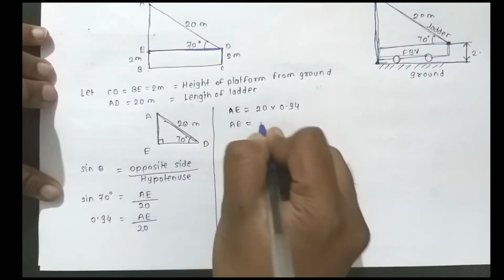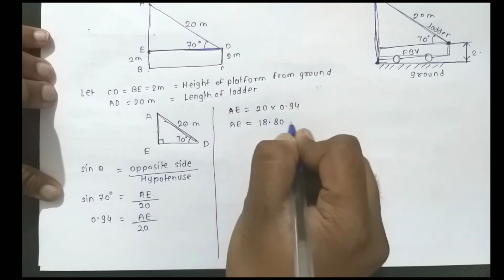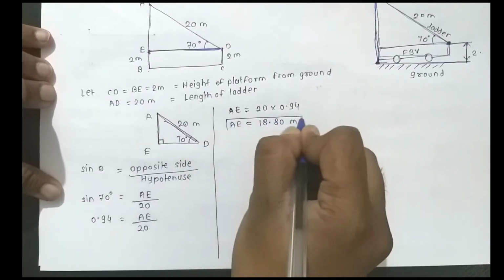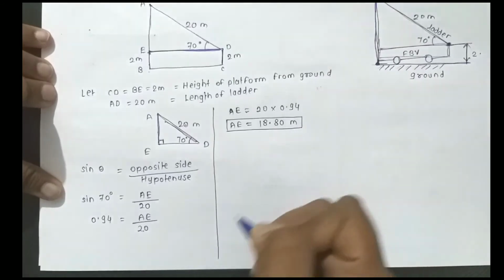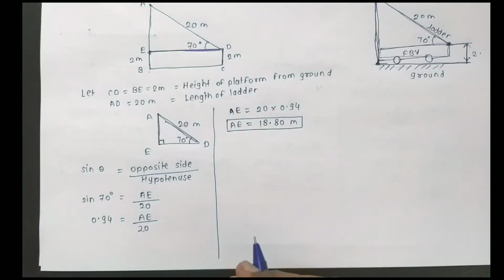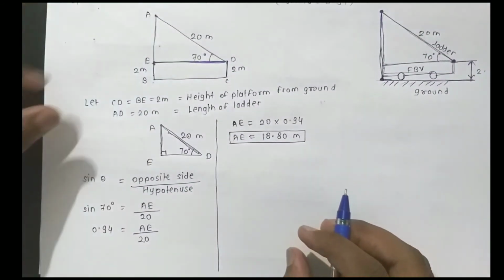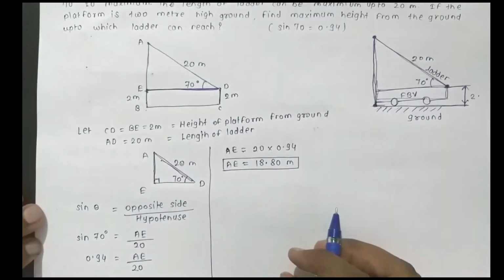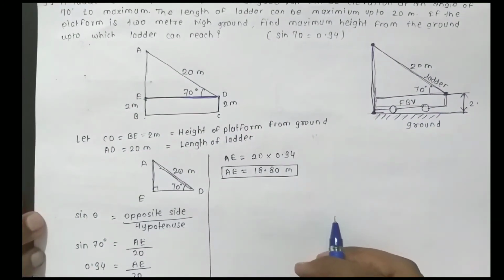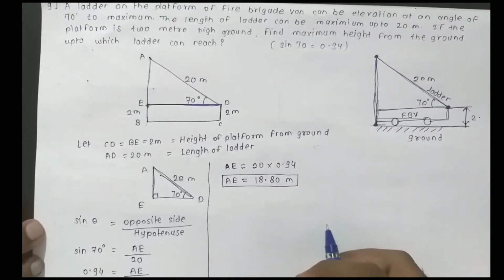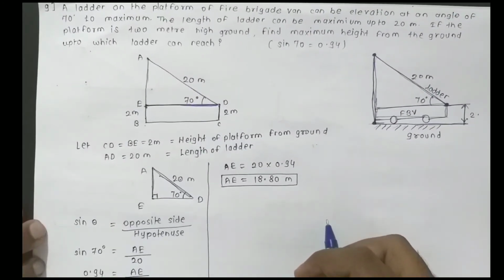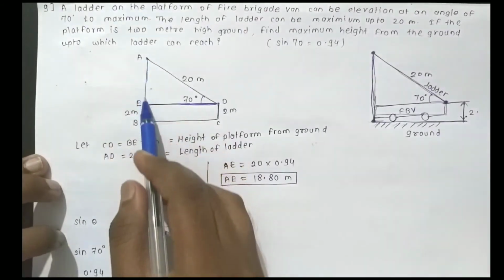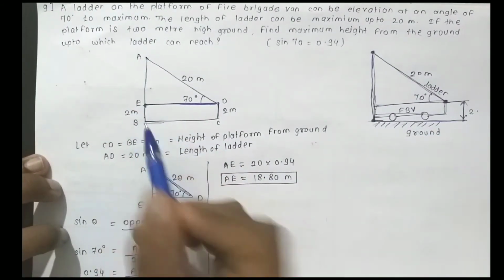Answer is 18.80 meter. But this is only the height of AE. We have to find the height of the ladder from the ground. What do we have to find? The height of the ladder from the ground, and AB is the height of the ladder from the ground.